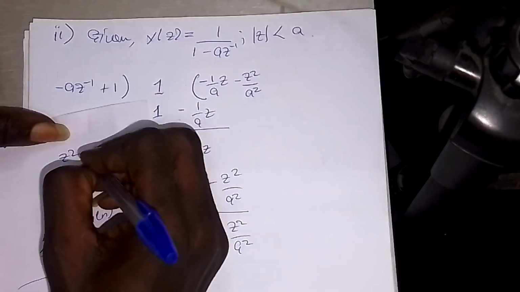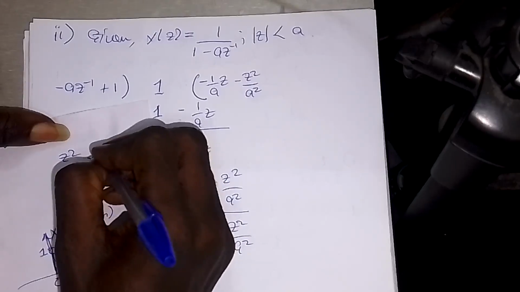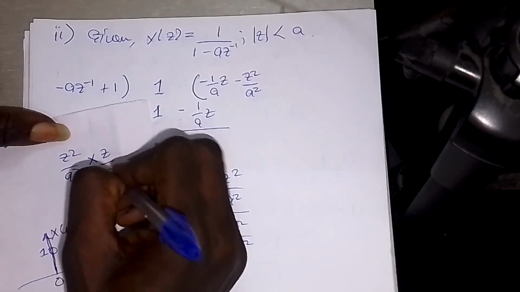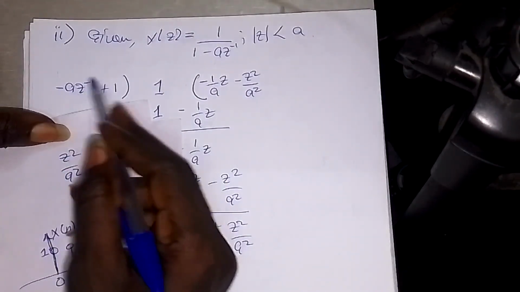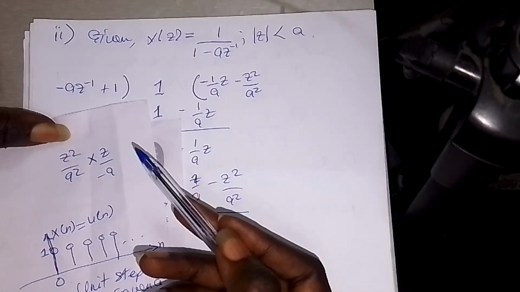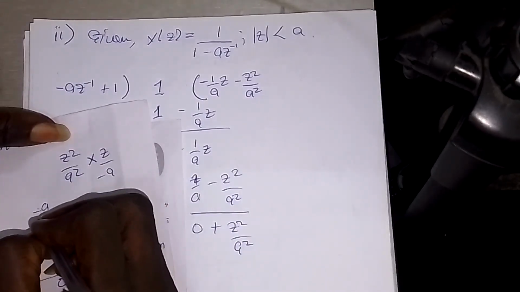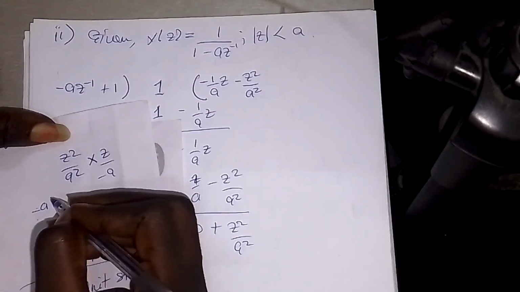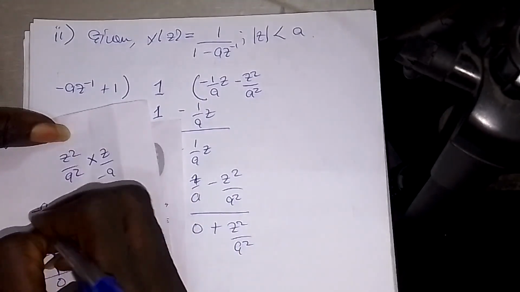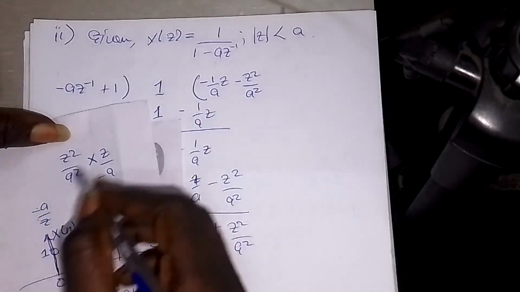So I can say that times z over what? Minus a. Because if you are doing it in the division, z over minus a is actually minus a over z. So if it's becoming multiplication, then the z will come up and the minus a will come down.